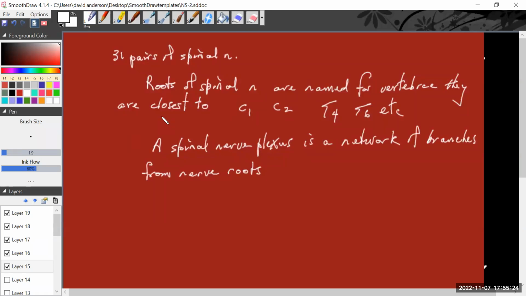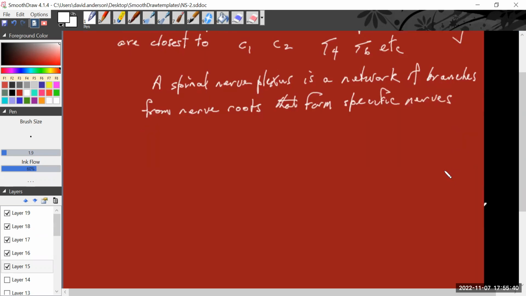So a spinal nerve plexus is a network of branches from nerve roots that form specific nerves. So there's four main plexuses that we want to be aware of.